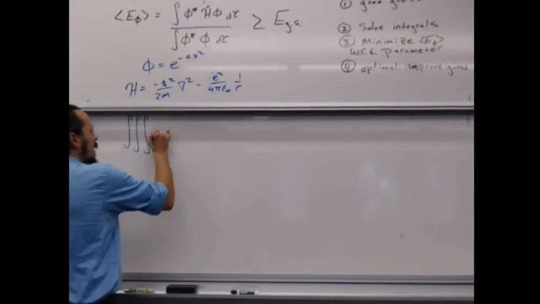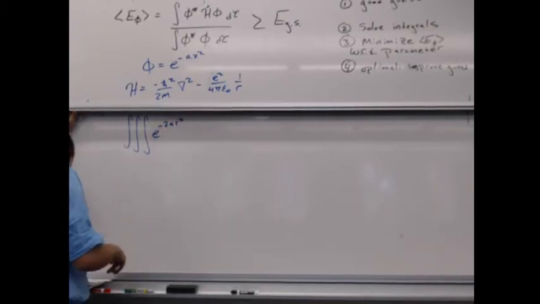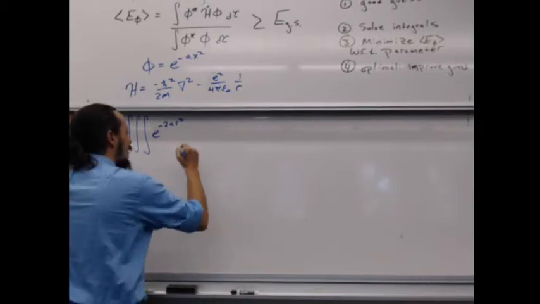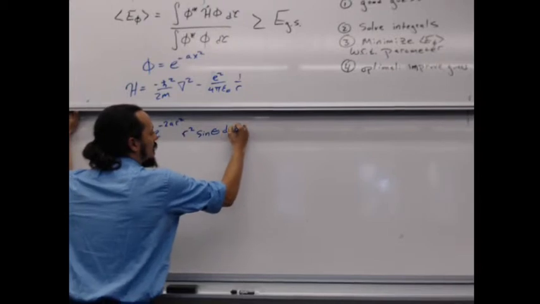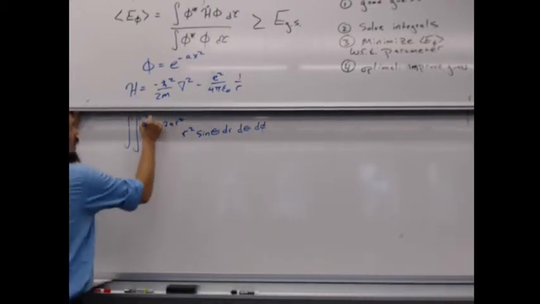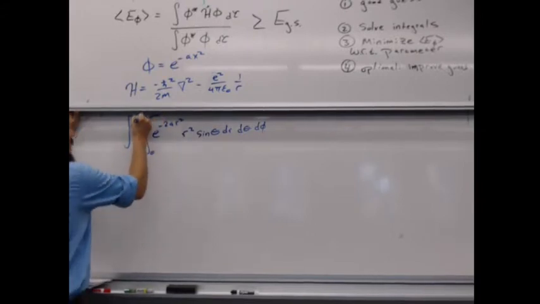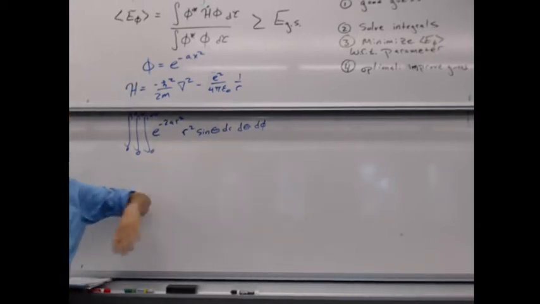We are doing e to the minus 2a r squared, r squared sine theta, dr, d theta, d phi. R is 0 to infinity, theta is 0 to pi, phi is 0 to 2 pi. And we said the sine theta, d theta, d phi part, that's pretty easy to do. That gets us a factor of 4 pi.